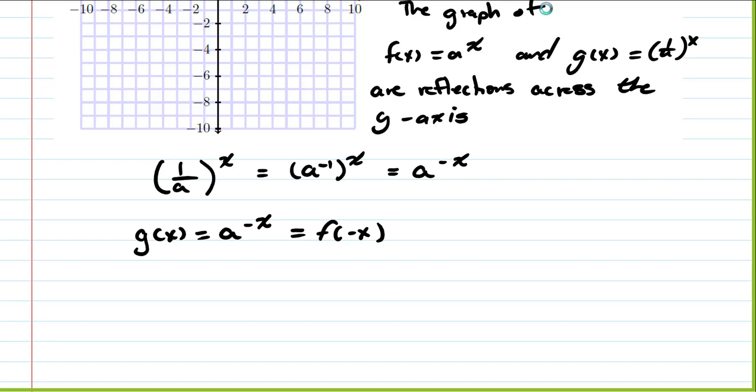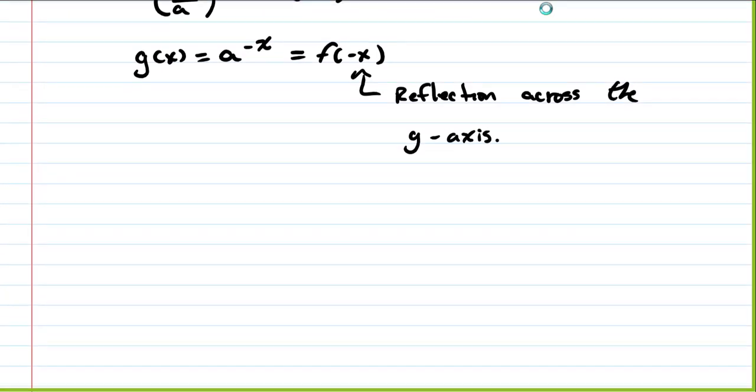So using our shifting rules, if you ever compose with a minus sign, this is a reflection across the y-axis. All right.